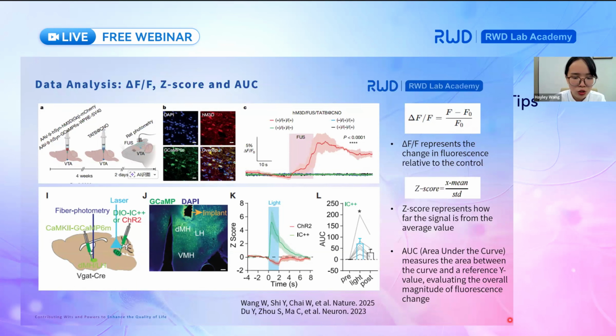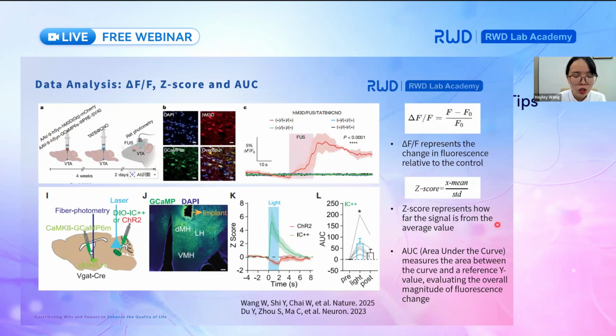The z-score can be understood more simply as how far the signal is from the average value. Based on delta F, it further standardizes the signal using the standard deviation and shows how many standard deviations the current signal is above or below the mean.